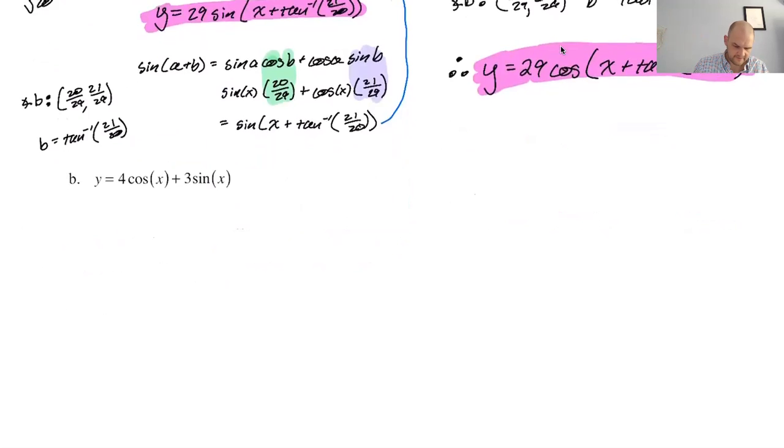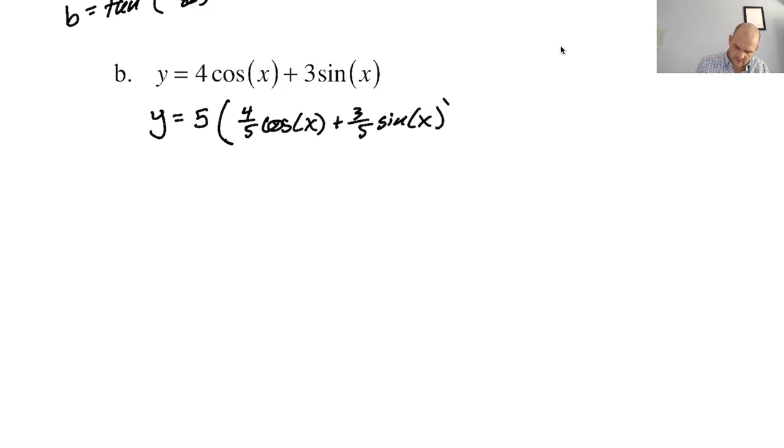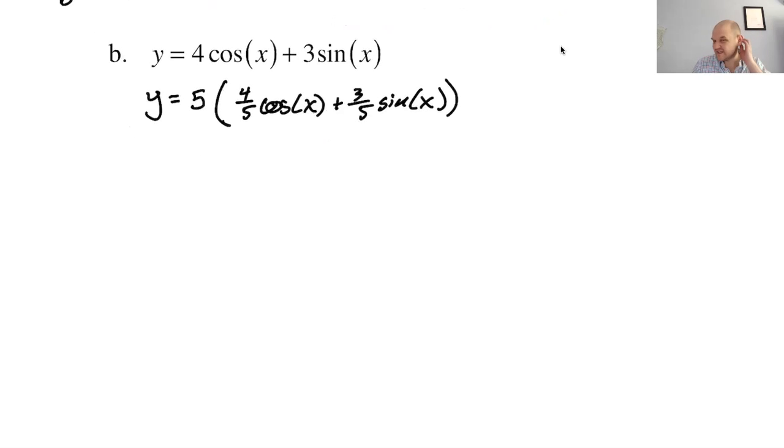Let's try another one. So here, I'm going to immediately just say that y is equal to 5, and then 4/5 cosine plus 3/5 sine. All right, so it's plus again. So we're thinking the same basic idea.